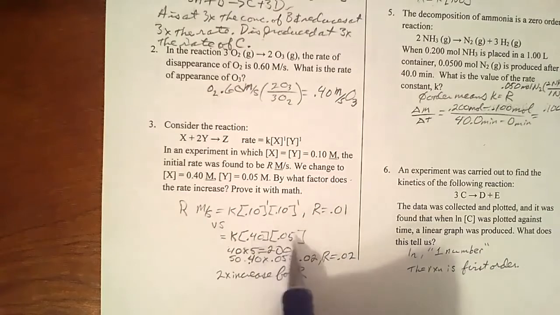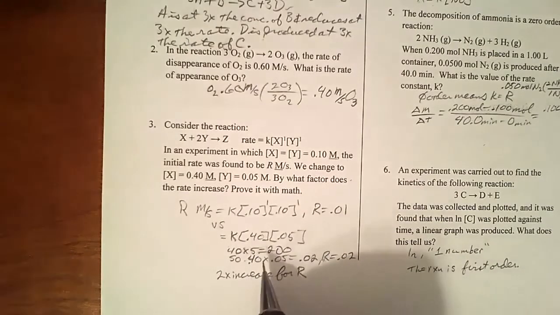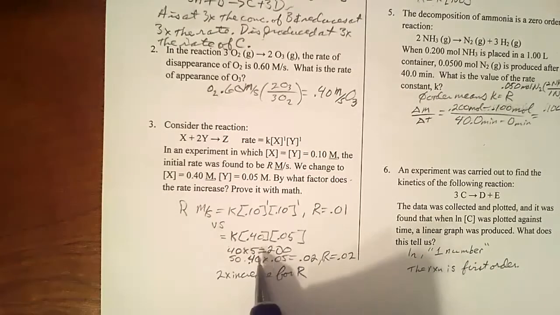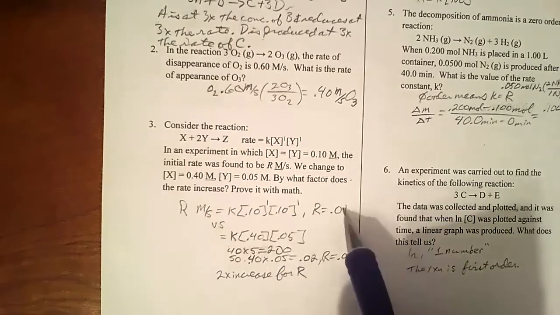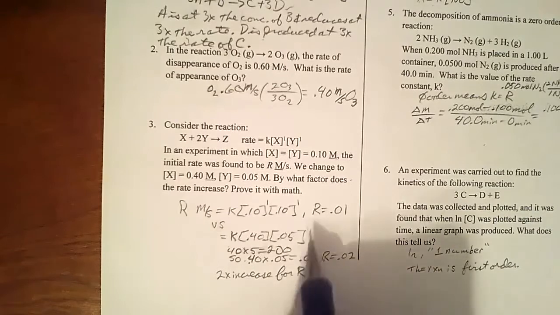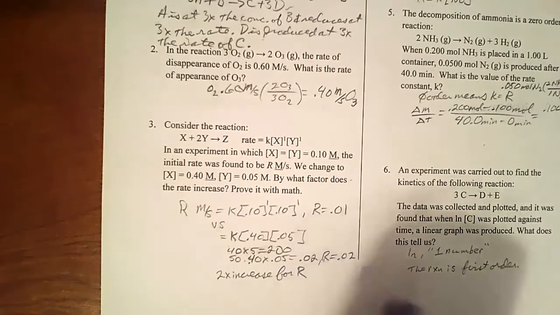So if you put in 0.4 and 0.05, we don't need a calculator. 40 times 5 is 200, but by doing that, we were moving this decimal over 2 spots and this decimal over 2 spots, so the answer is 200. It's 4 decimal spots smaller than 200. It's 0.02, which actually is a doubling of R, so that's a 2 times increase for R over the previous R value.